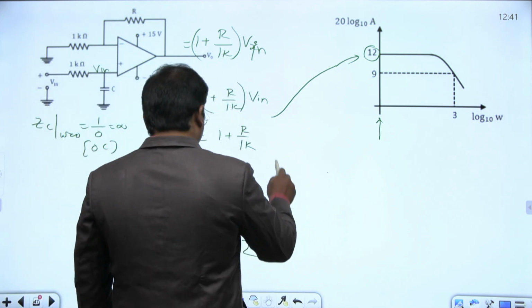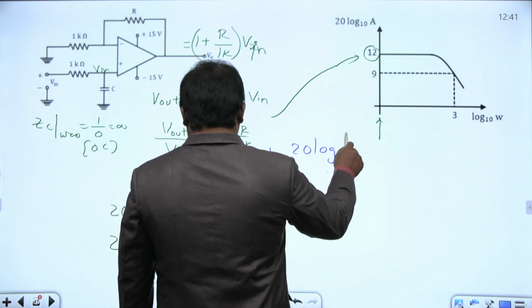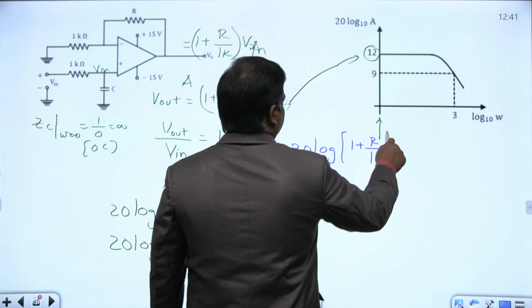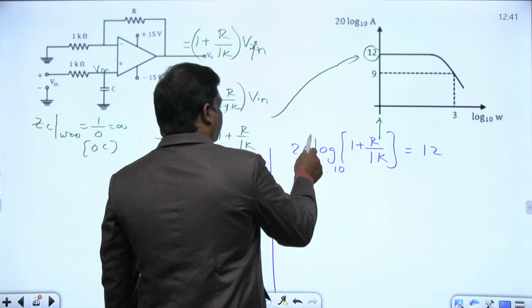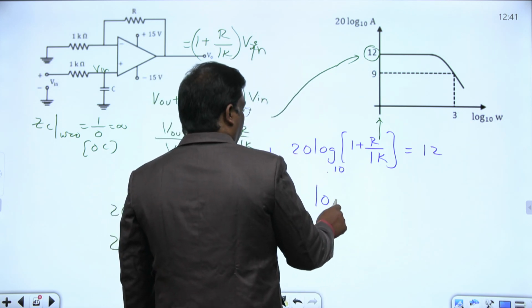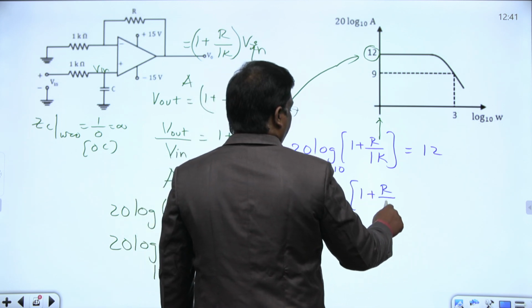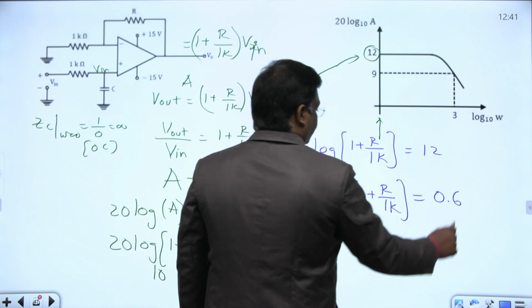So 20 log of 1 plus R by 1k equals 12. This is base 10. Log of 1 plus R by 1k is 12 by 20, nothing but 0.6.